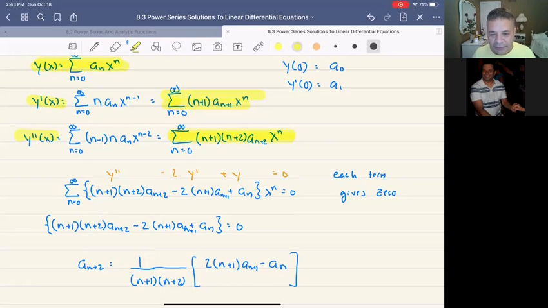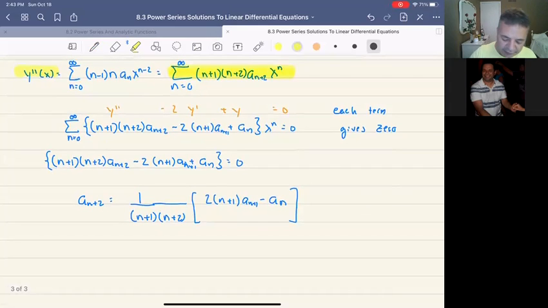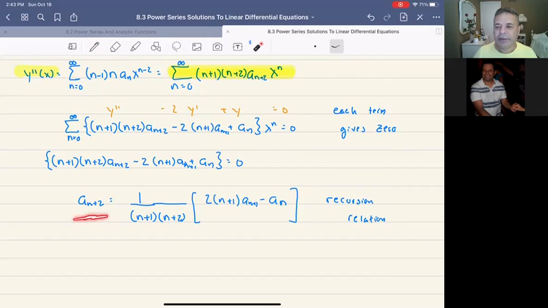So now, this is our recursion relation. It gives us the next term in the power series, or the next coefficient of the power series, in terms of the previous two. So let's start writing out some terms.